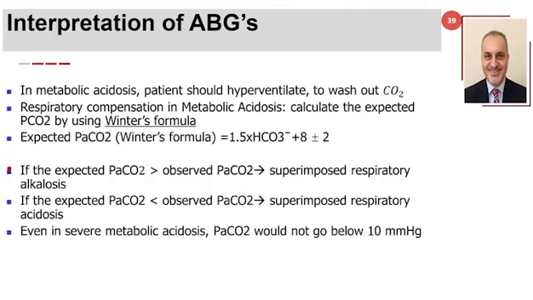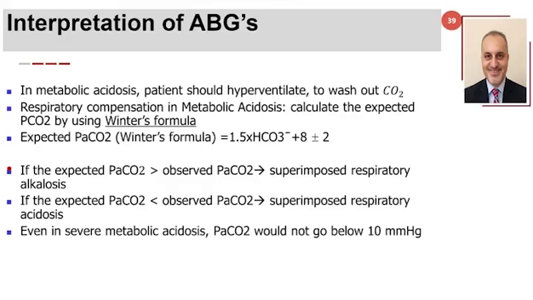Now, Winter's formula is a formula that will let you calculate the expected PCO2 for that level of acidosis. Basically, you multiply your bicarbonate by 1.5, plus 8, plus or minus 2, and that will give you a range.